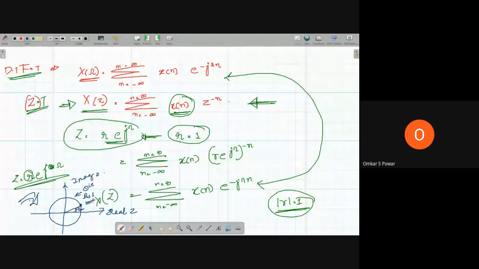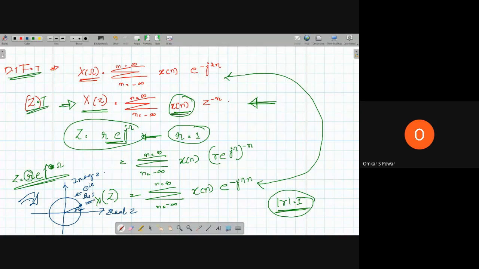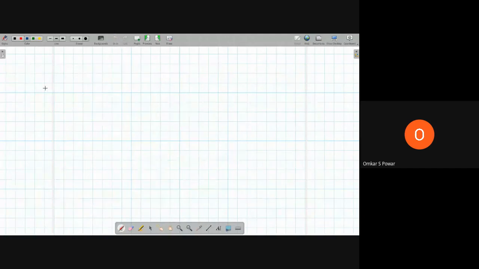So consider, for example, you have a signal. How can we get a relation? How does the Fourier transform represent, or how does the Z transform represent? I will show you. As I told you, your Z transform or your DTFT we can apply only to a discrete time signal.